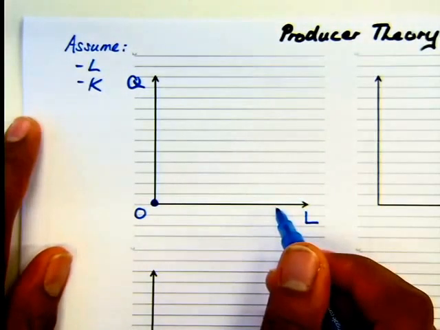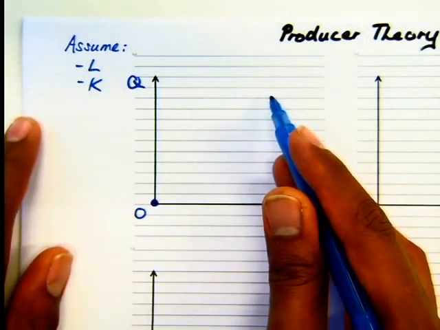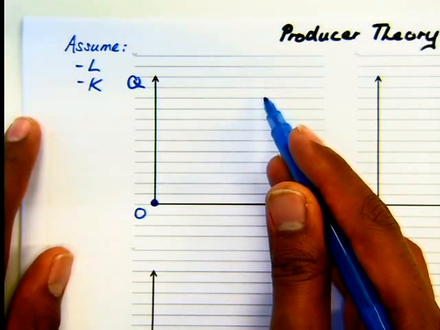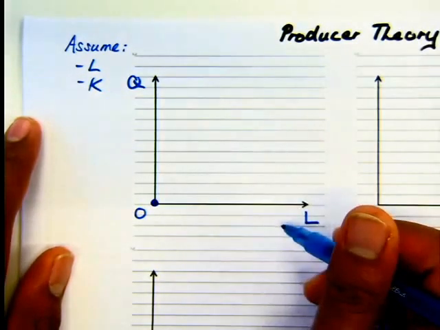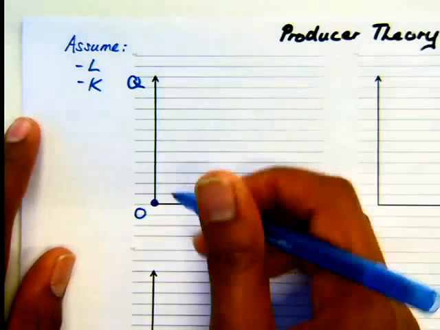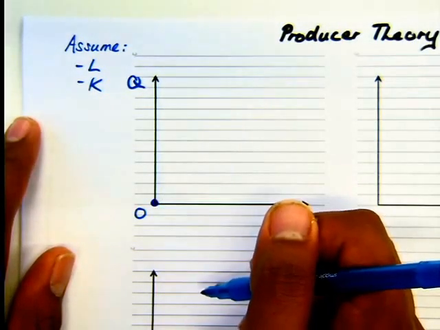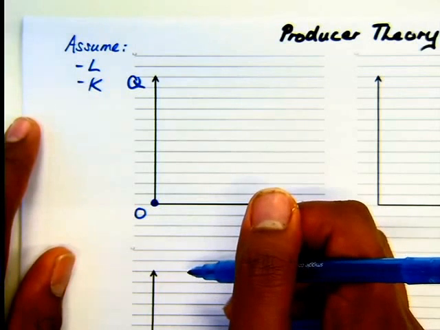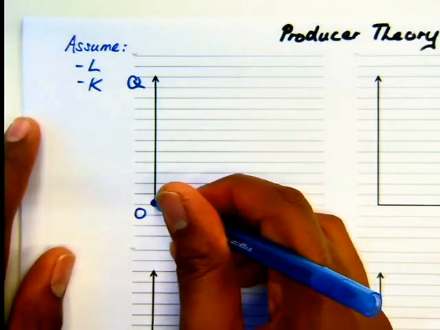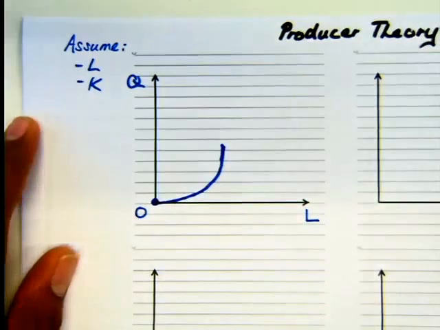As we increase our workers, the output doesn't just increase, it increases at a what rate? At an increasing rate or a decreasing rate. The workers start to specialize, things get faster and faster, and the output starts to increase at an increasing rate.